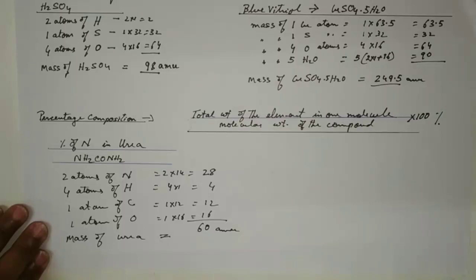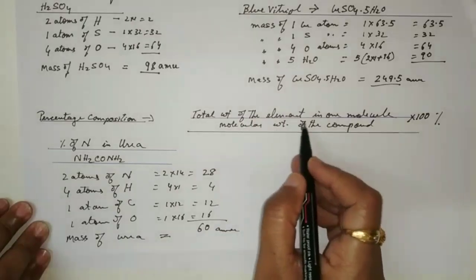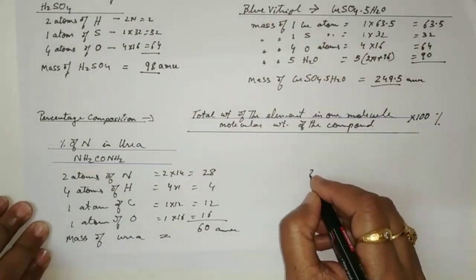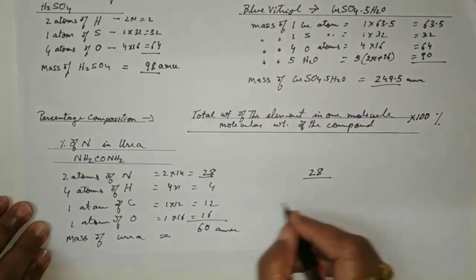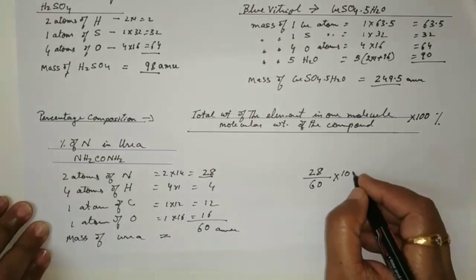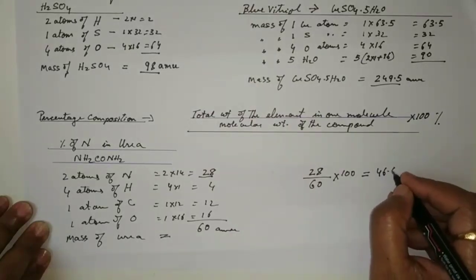Now when you have to find out the percentage of nitrogen in urea, you get, according to the formula, total weight of the element, that is, we are finding for nitrogen, so 28 divided by molecular weight, that is 60 into 100 is equal to 46.66.